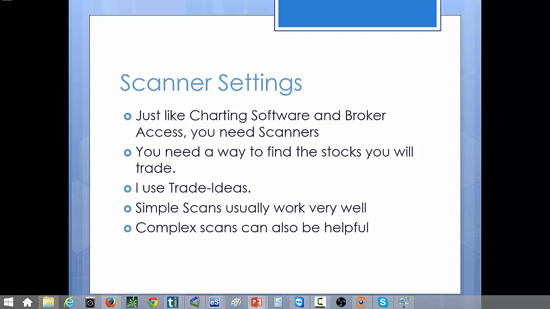Generally, in terms of scanner settings, I do like simple scanners. I try not to overcomplicate it, although I do have some complex scanners. I like the simple scanners. There's a lot of benefit to having something very simple. When you get overcomplicated scanners, you can get false alerts.